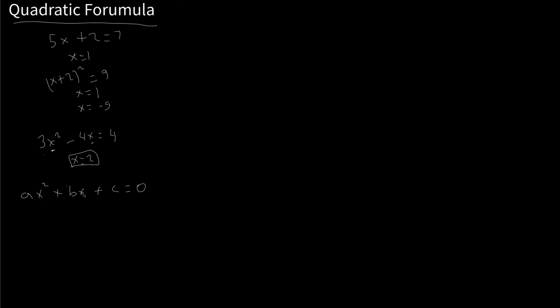We have to solve for x in terms of a, b, and c. In the earlier example, a would be 3, b would be -4, and c would also be -4, because we just kept it as equal to 0 for ease of use.